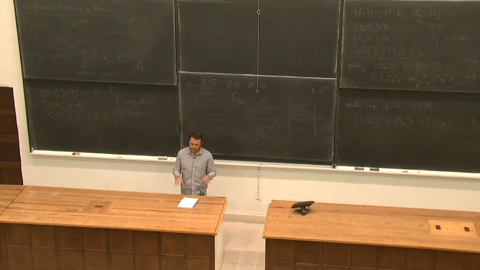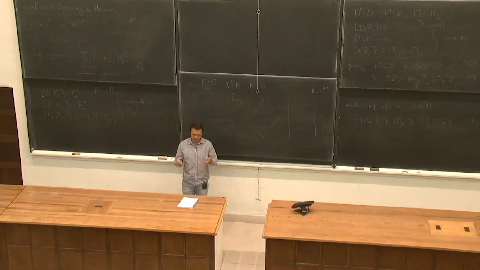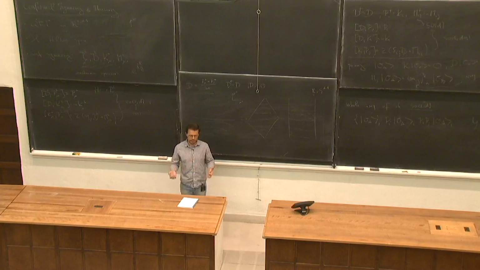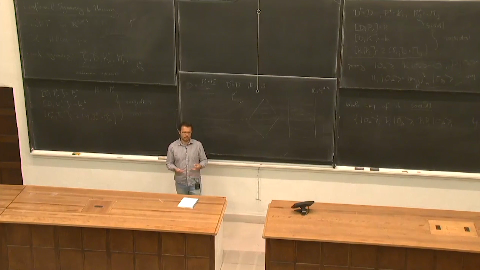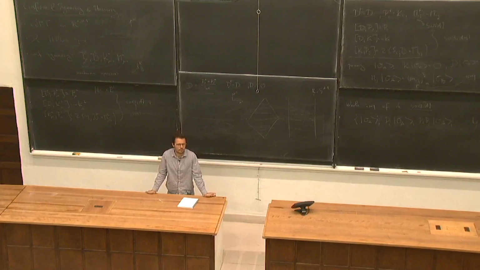So I pick some spatial manifold. Quantum field theory tells me this is the Hilbert space, and then I can evolve inside this Hilbert space using various generators. I can pick the Lorentzian time translation or the Euclidean time translations, and they're going to give me different results, but they all happen in the same Hilbert space, which is just the Hilbert space associated to a given spatial manifold. Is this clear?